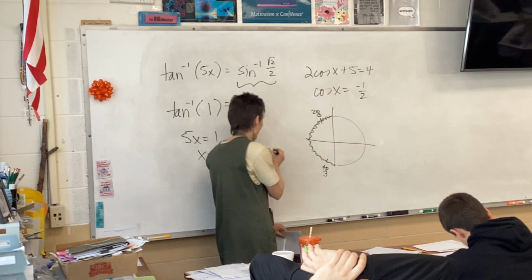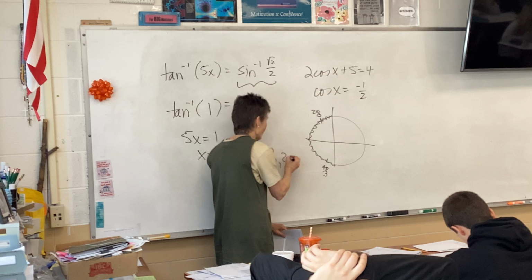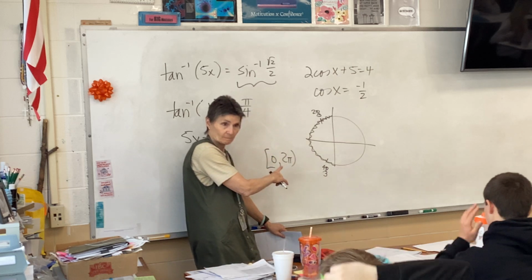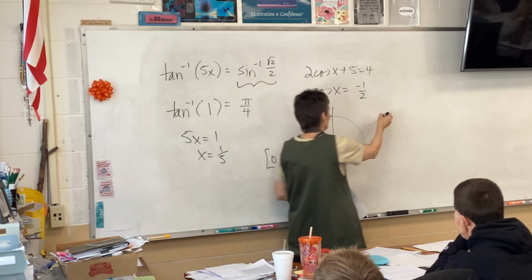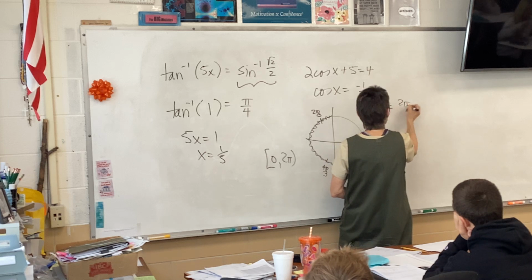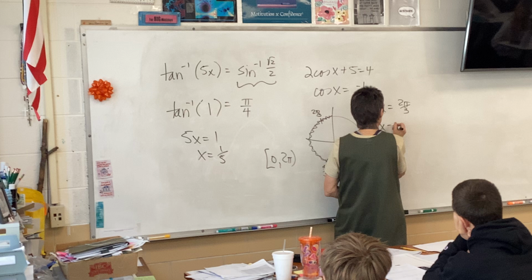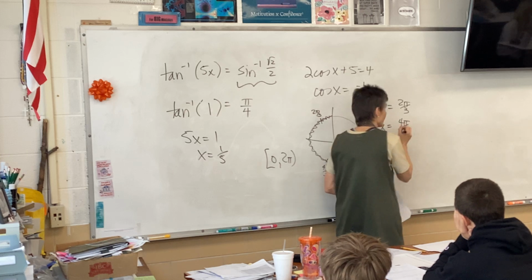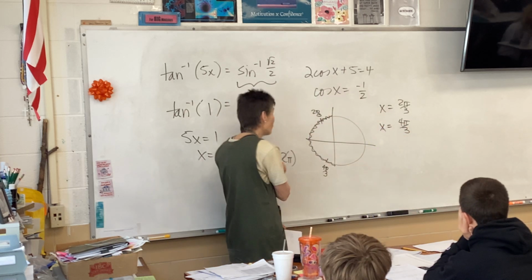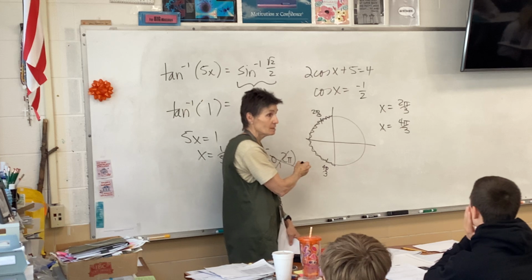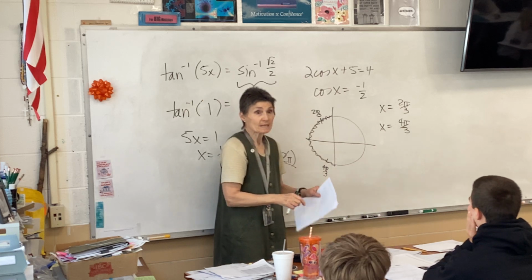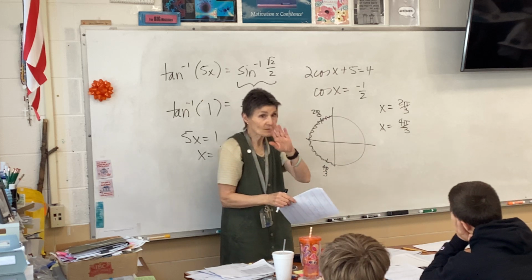So if my problem had the usual directions, then the answer would be x equals 2 pi over 3 and x equals 4 pi over 3. But because we don't have these directions, we need all of the answers.